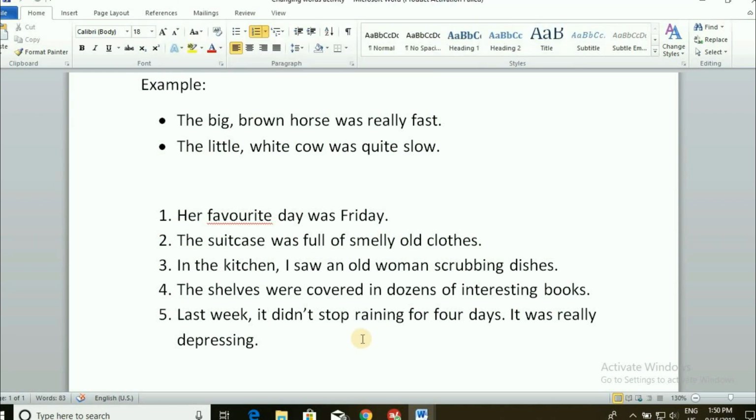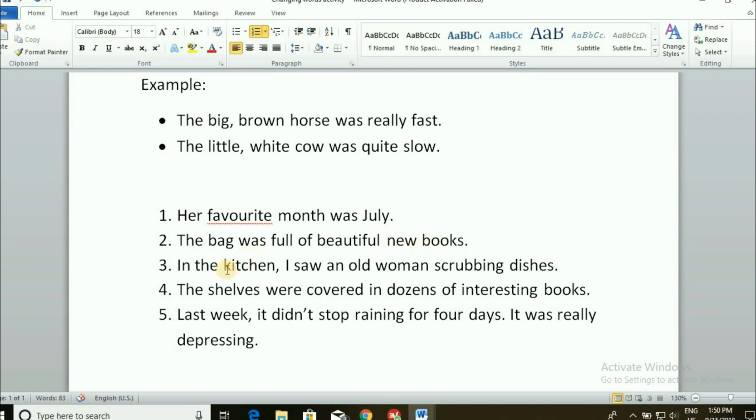So here are some possibilities if you wanted to change these sentences. We could change day to month and Friday to July, for example. Maybe you could change suitcase to bag. We could change smelly, this is an adjective, to beautiful, new, books.